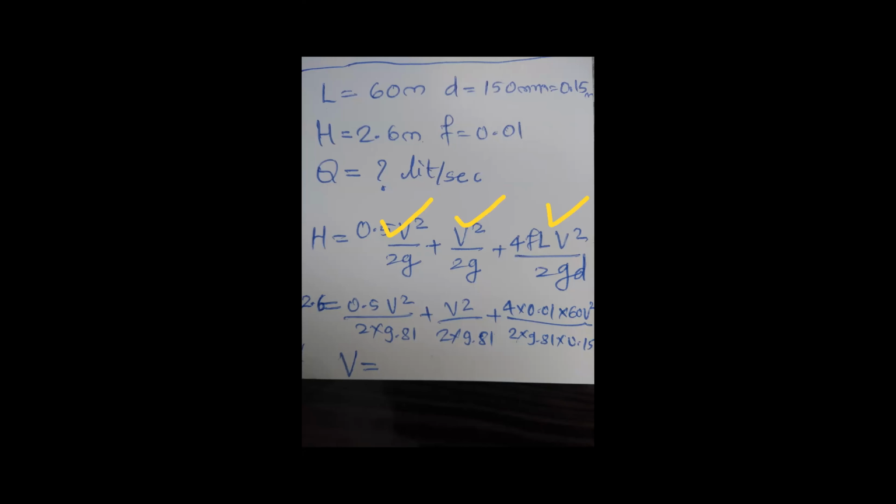So total loss, that is H, is given as 2.6. Now we just need to calculate the V. What is the value of V?